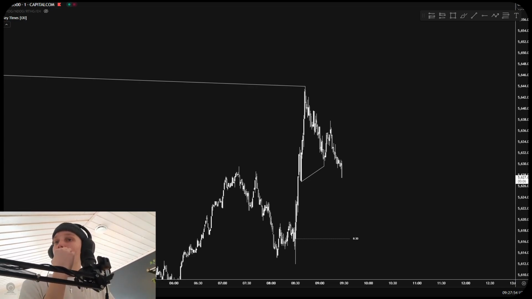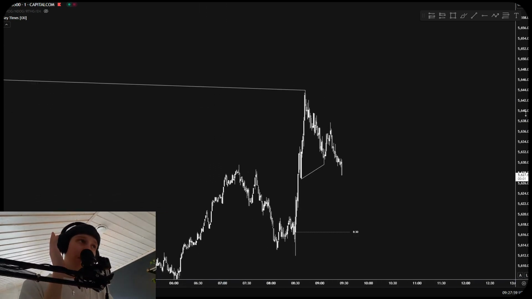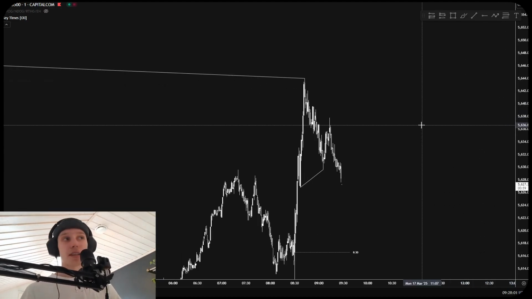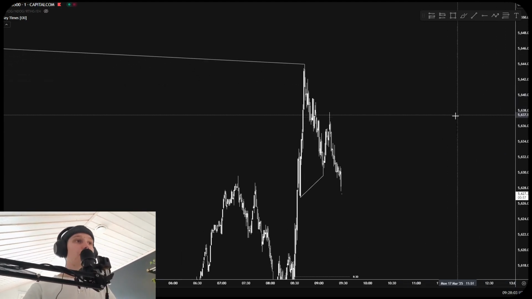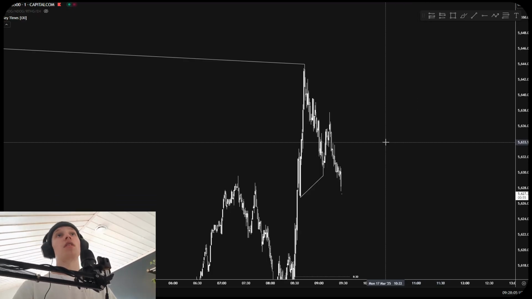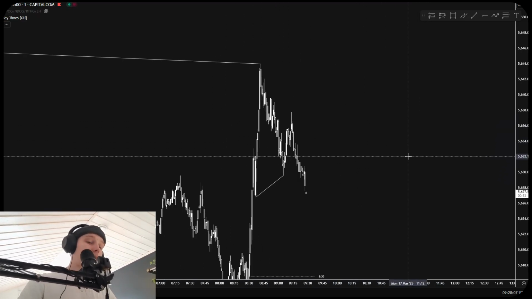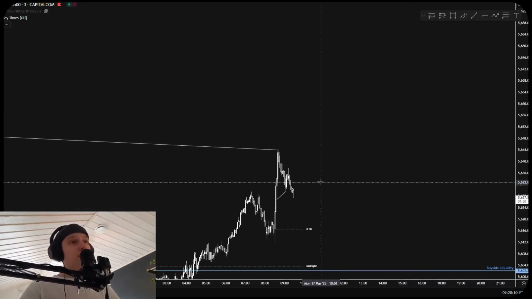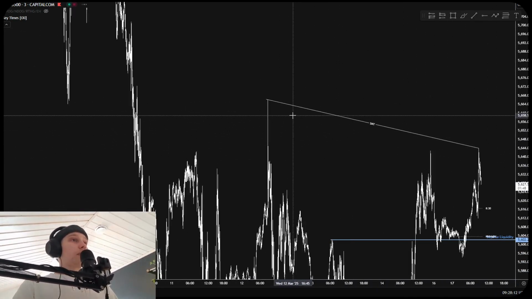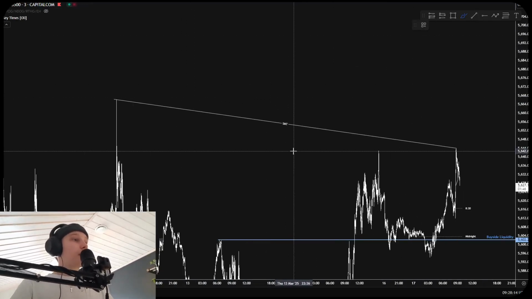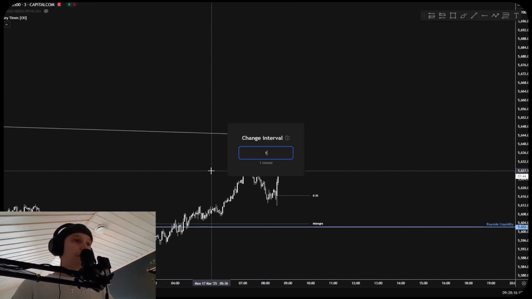So maybe I should start doing that, because last week, for example, I got a couple of ideas that would have worked perfectly on ES, but I just didn't want to take them on NQ because it didn't look as good. So I'm possibly trying to execute something on ES. For example, ES failed to sweep the high here. That could be more bearish for ES.